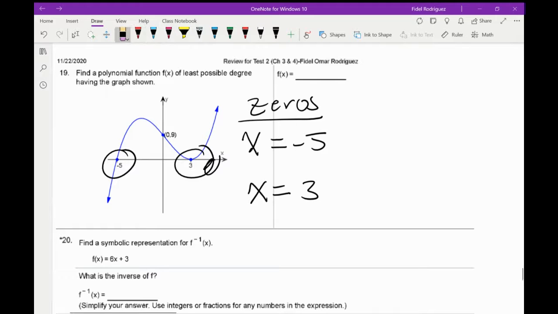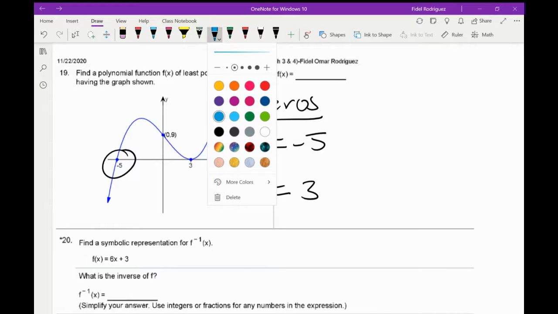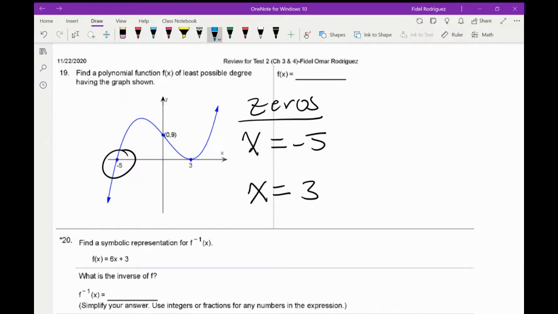Now, the one thing I want to point out, when you look at 3, and I'm going to try to make my pen thick here so you can see what I'm getting at. When I'm following the graph right here, you see how it hits it and it bounces off and then it comes back to the top?